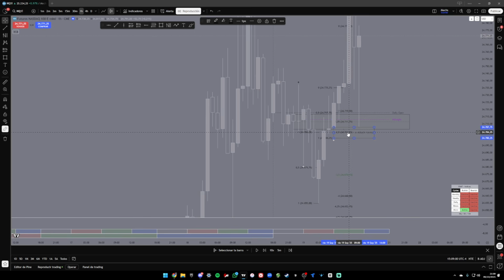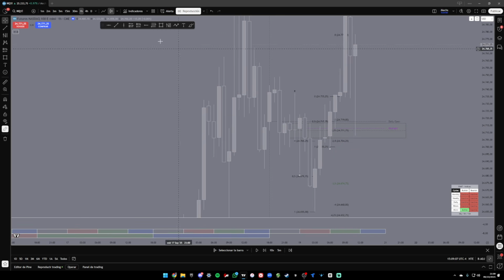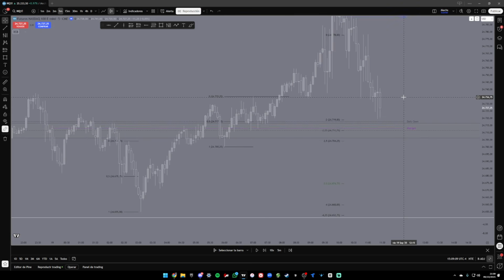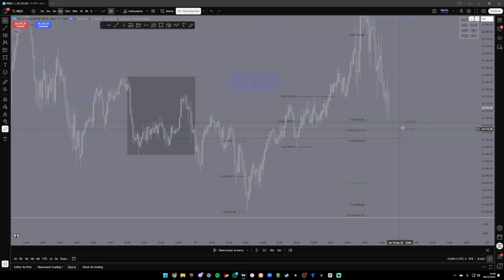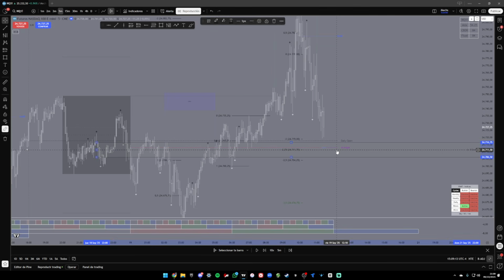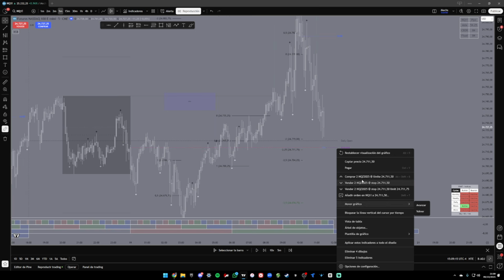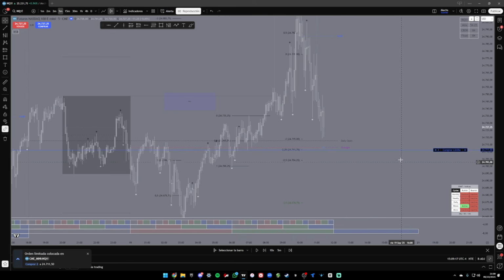It's aligning perfectly, but price didn't hit it. We have the order block and midnight open, long. Only, remember, only if we have an SMT, okay? Long and boom, okay?